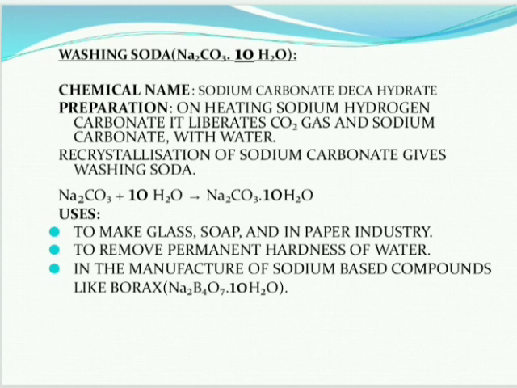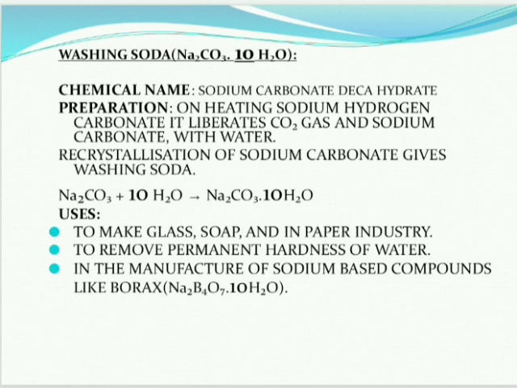Next, coming to the uses, this is used to make glass and soap, and also in the paper industry, and also it is used to remove the permanent hardness of water. This permanent hardness of water is due to calcium or magnesium sulfates and chlorides. So the calcium and magnesium ions will be replaced by sodium ions.